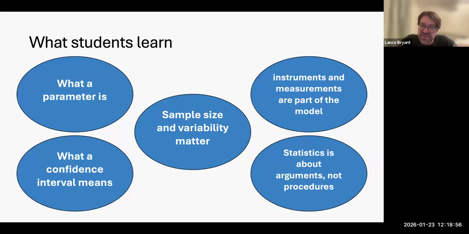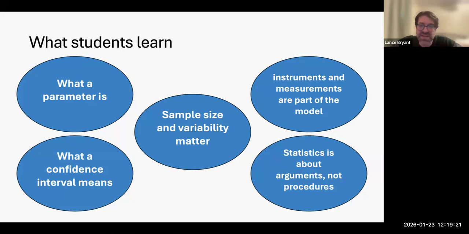Comparing the two different studies got them to think about sample size and variability and how much those can matter. Because they got to collect data using an instrument, the thermometer, they got to think a little bit about how instruments and measurements are part of the whole process of getting to a decision about data.